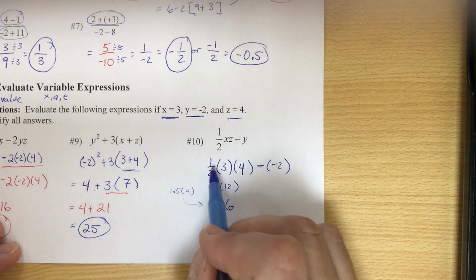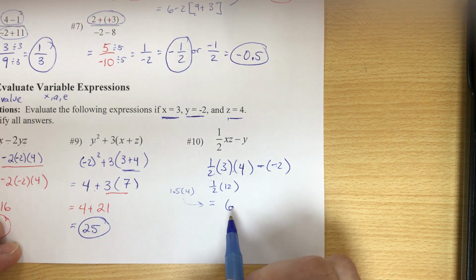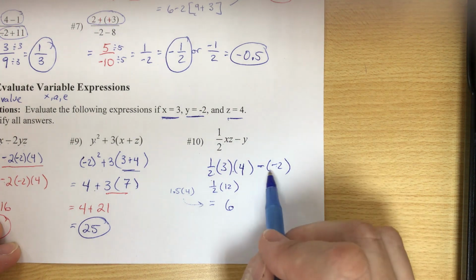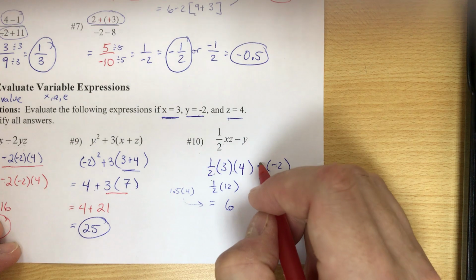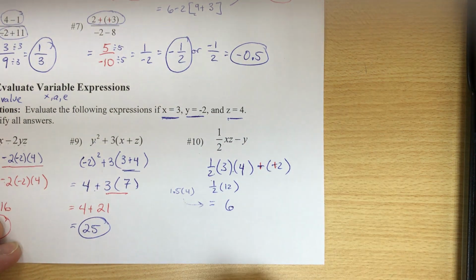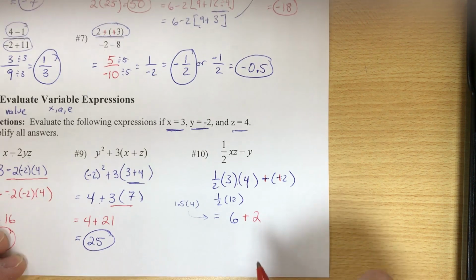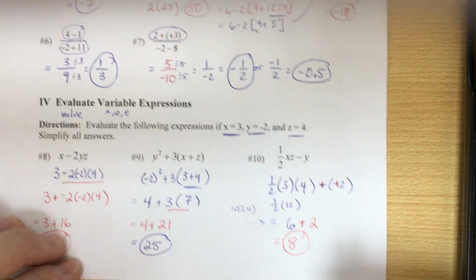You could even do 1/2 times 4, which is 2, and 2 times 3 is also 6. So that's kind of a cool property there. Now over here, when you subtract a negative, subtracting a negative makes them both positive. The opposite of a negative is a positive, so that is a +2. And what we get here is 6 plus 2, which is equal to 8.